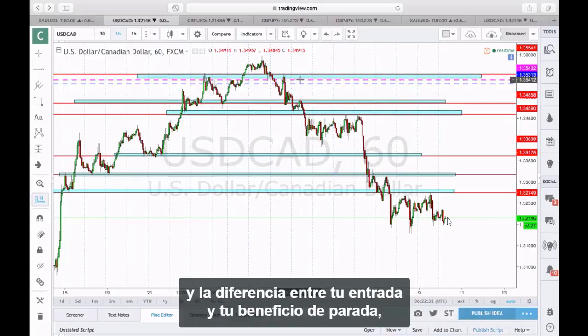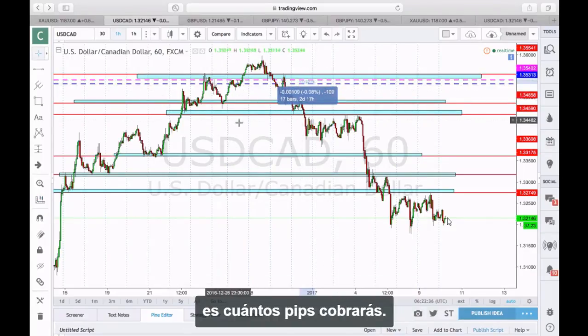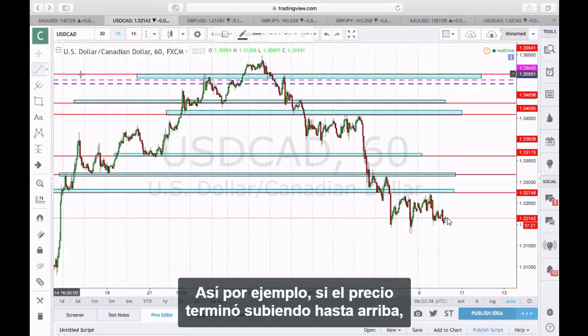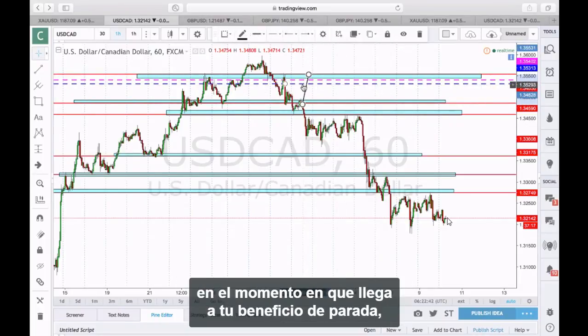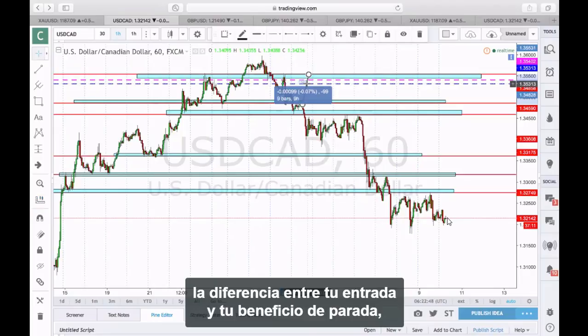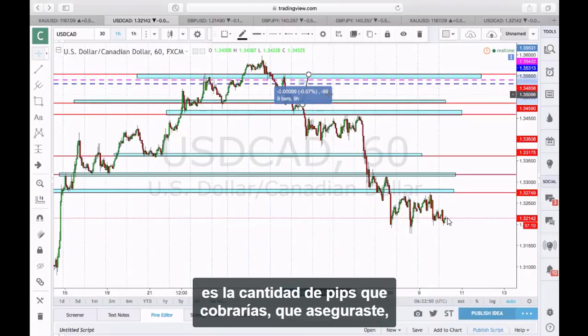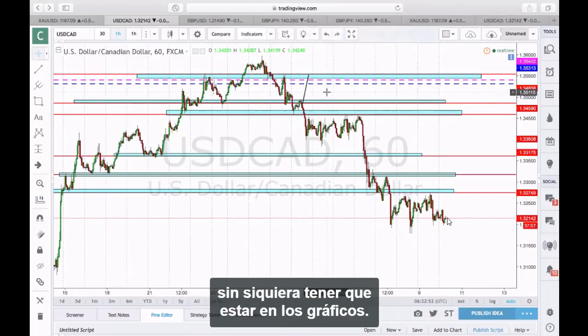The difference between your entry and your stop profit is how many pips you'll collect. So if price ended up moving all the way up, the moment it hit your stop profit, you'd collect those pips that you secured without even having to be on the charts.